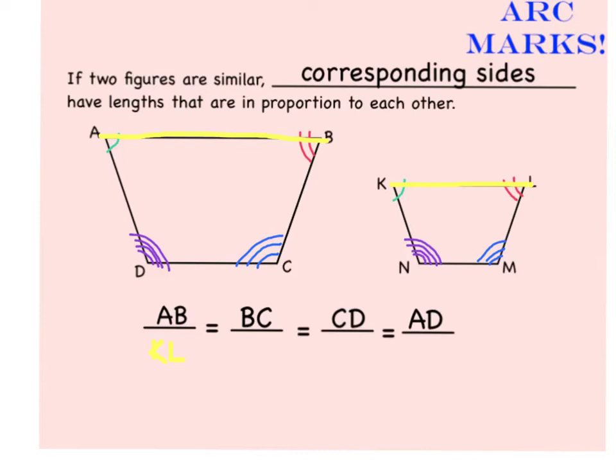Okay, now side BC, I'm going to highlight that in a different color here, is going to correspond with side LM in my smaller figure. Okay, next I'm going to go to side CD, I'm highlighting that in another color, will correspond with side MN.